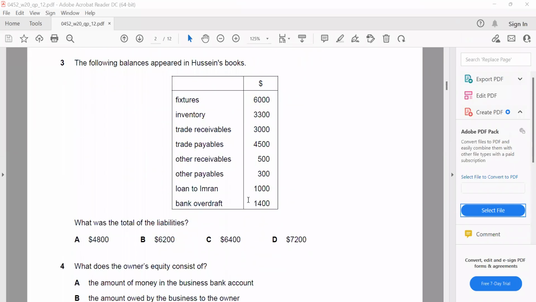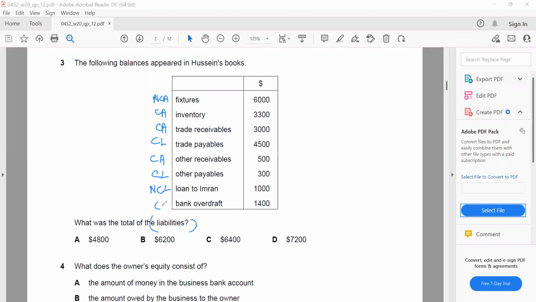Question 3. The following balances appear in Hussein's books: fixtures, inventory, trade receivables and so on. They want to find the liabilities. Fixtures is a non-current asset; inventory is a current asset; a loan, if they didn't mention short-term or long-term, you assume it's long-term, which is a non-current liability.